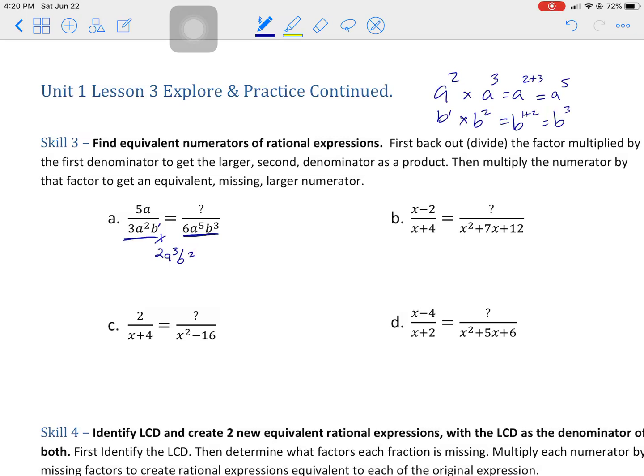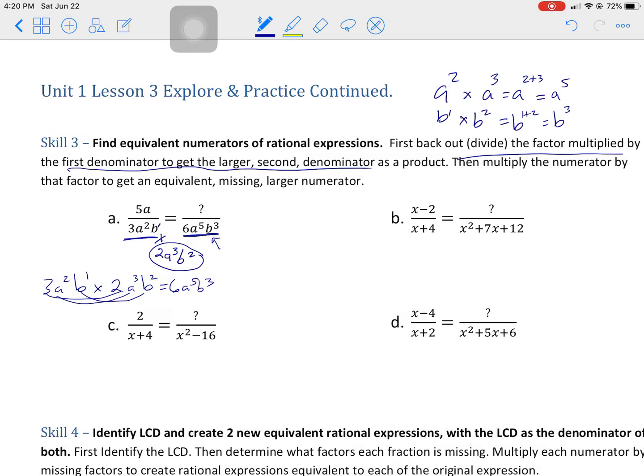So when we back out or divide the factor multiplied by the first to get the second, that's right there. So 3a squared b times 2a to the third b to the second is going to give you what? This times this is 6. I'm just checking. This times this is a to the 5. And this times this is b to the 3. Okay, so that's the factor that gave you this product.